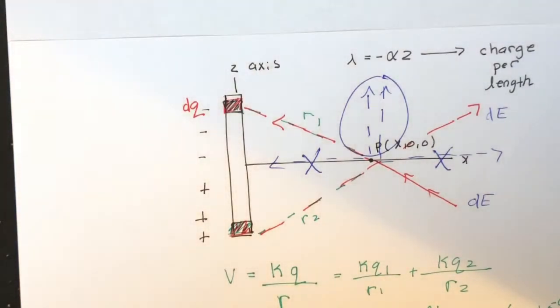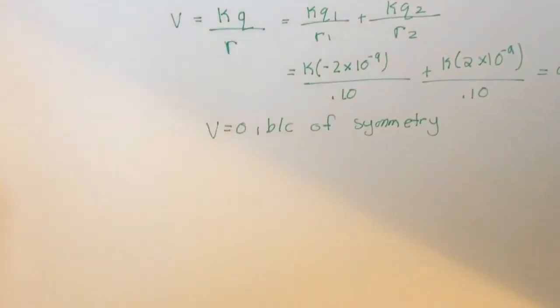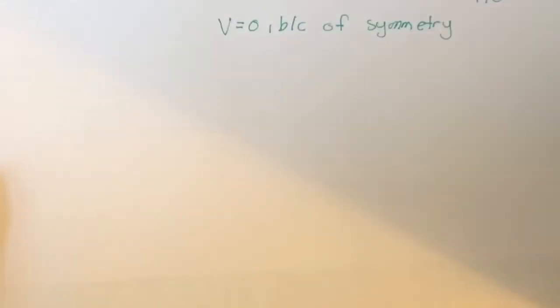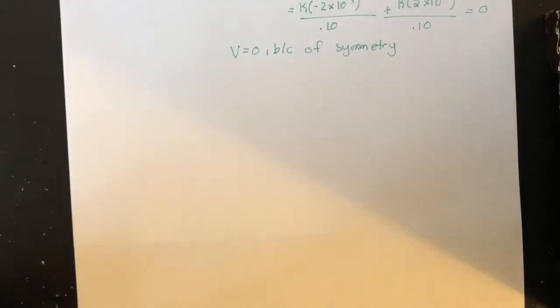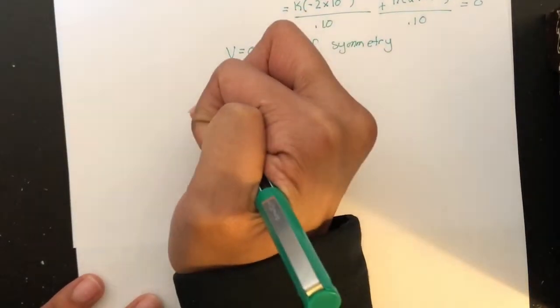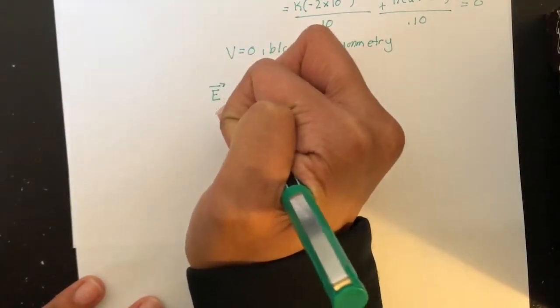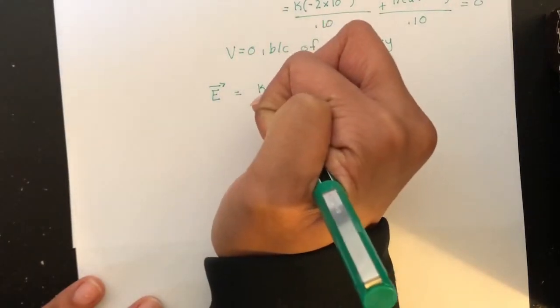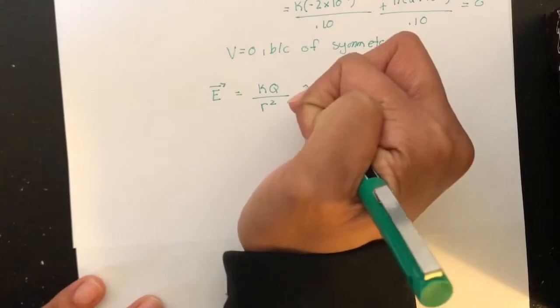So let's write out our point charge equation. Our point charge equation is electric field is equal to kq over r squared, r hat.